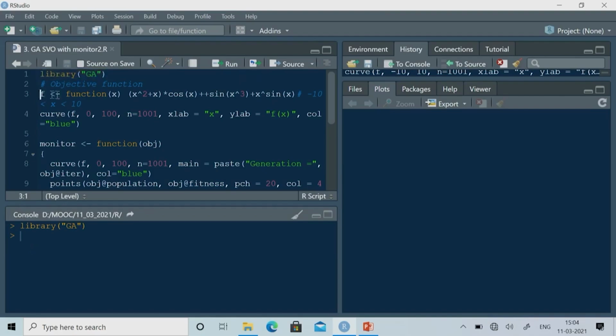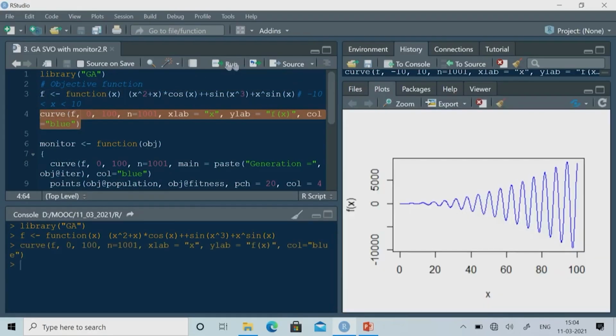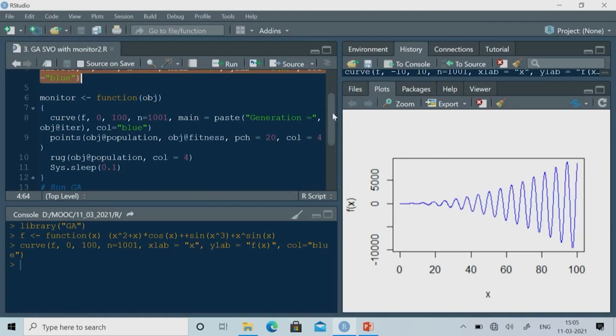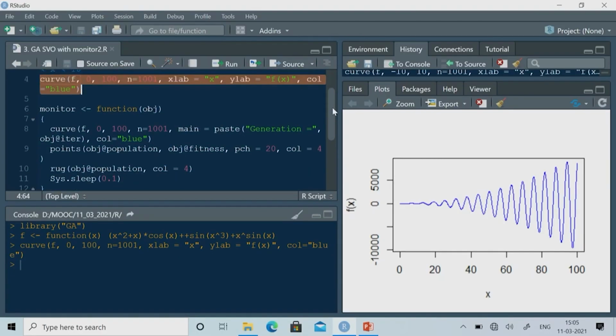and then you run the second line, that is the function actually, and then I can plot the function using the curve function. I am just plotting it. You can see that there are several optimal solutions, both minima and maxima. These are all maximum points and one of them is the global optimal solution. We will apply GA here, and I would like to monitor the convergence of the population, how the population is moving in different generations.